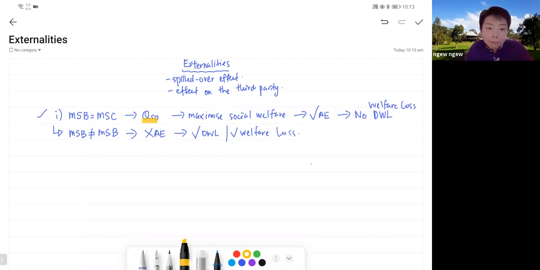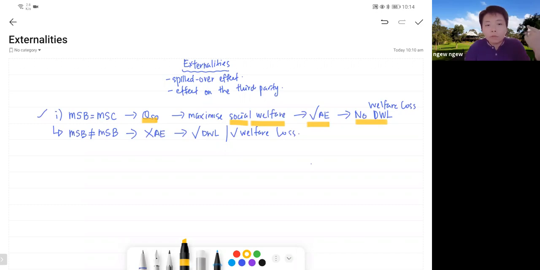When we produce at MSC equals MSB, the marginal social welfare from that output is zero, and therefore the total social welfare is maximized. We learned that when marginal is zero, total will be the highest. When you have maximized your social welfare, you are said to have achieved allocative efficiency. You are producing at the right quantity and there will be no welfare loss, no deadweight loss.